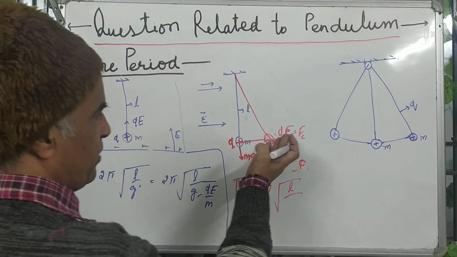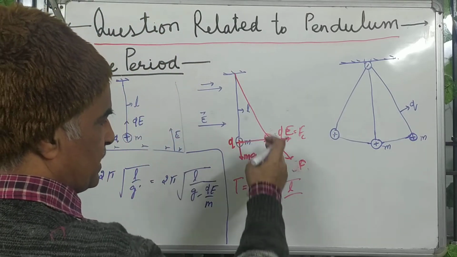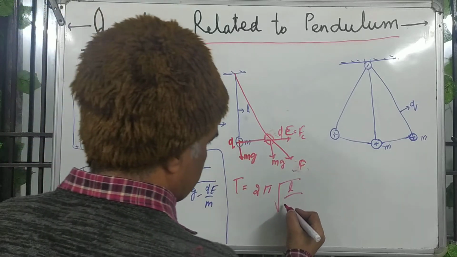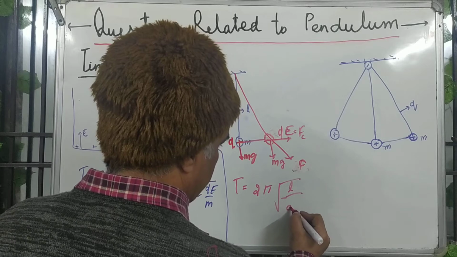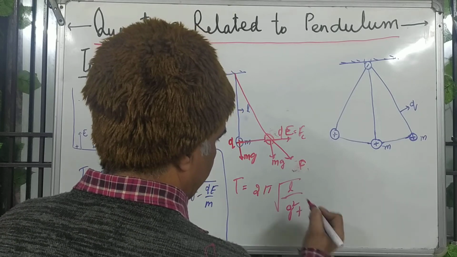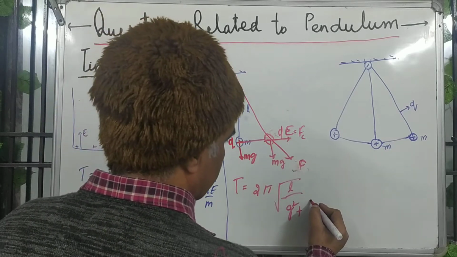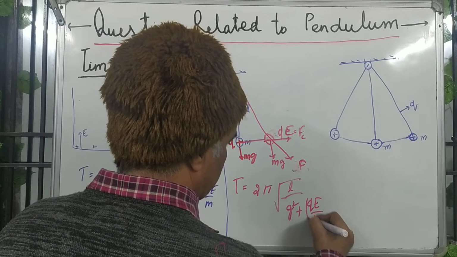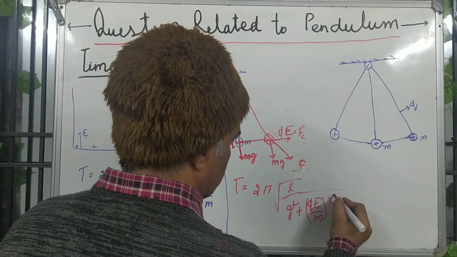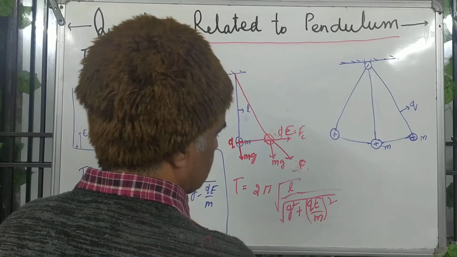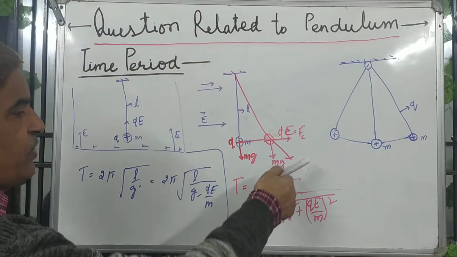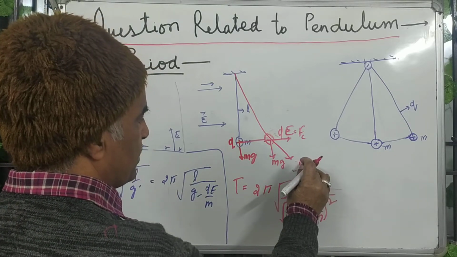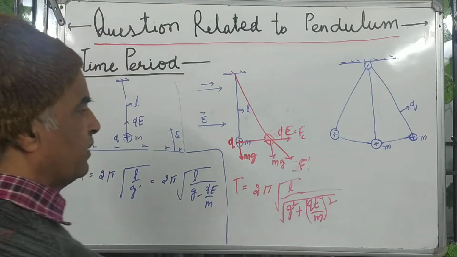The acceleration along this plus the acceleration along this due to force QE by m, combined as a square root of g squared plus (QE by m) squared. By Pythagoras theorem, we find the effective force. You can call it F dash.